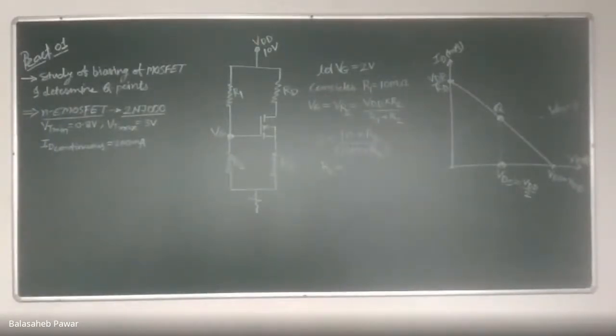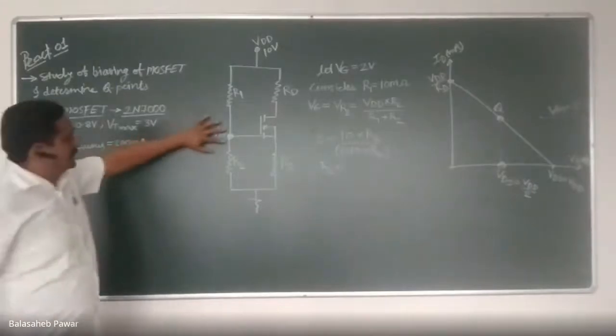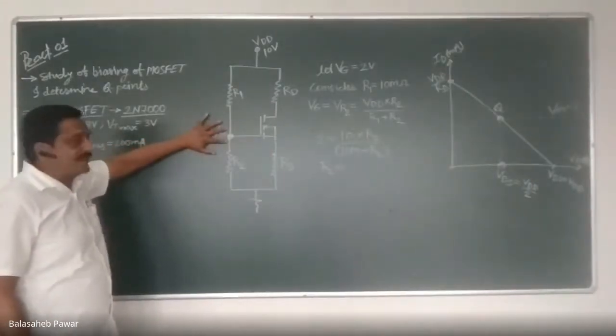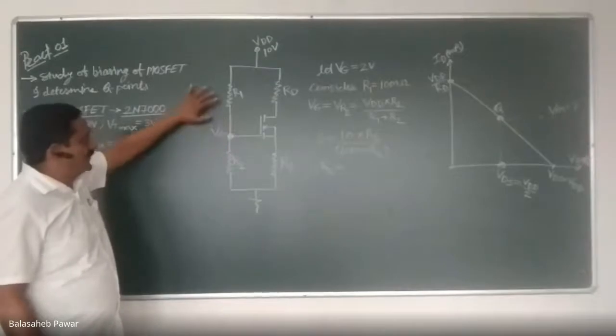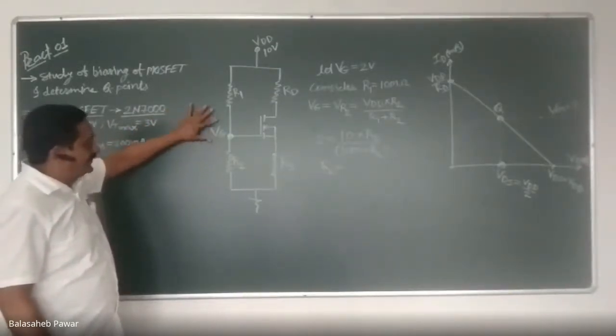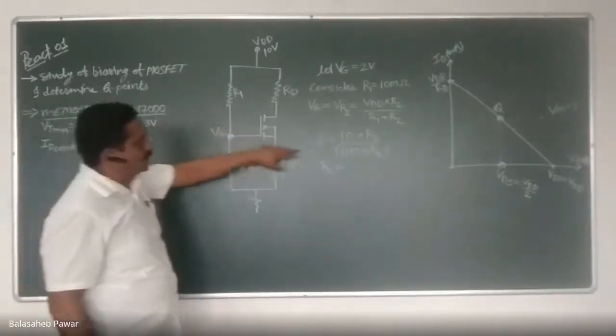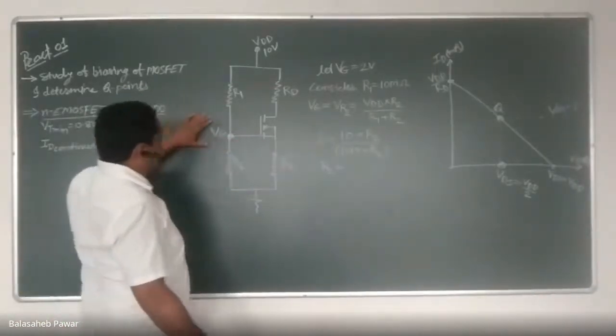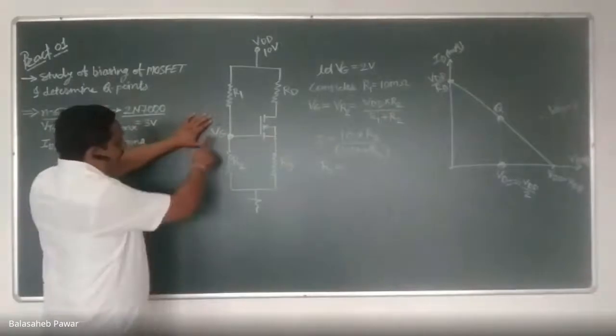I'll tell you orally. This is nothing but VG, the voltage applied to the gate terminal, which is formed by R1 and R2 by the voltage divider rule, right? That VG we consider as 2 volts. Now, by the voltage divider rule, VG equals what?